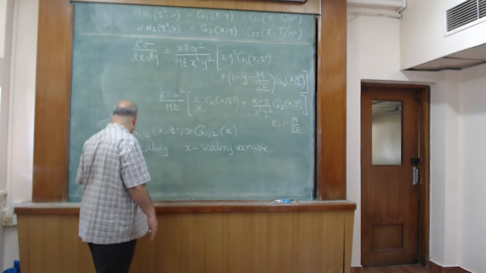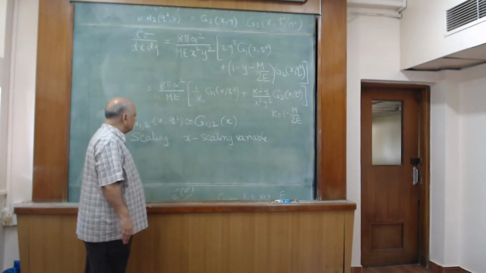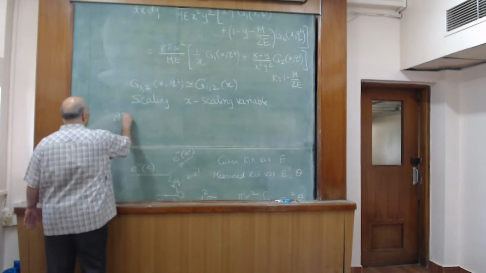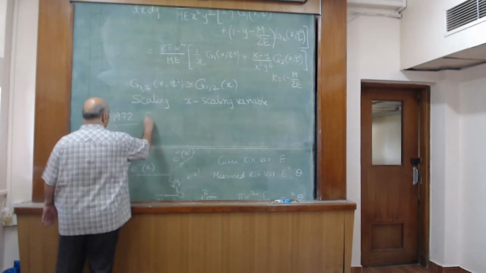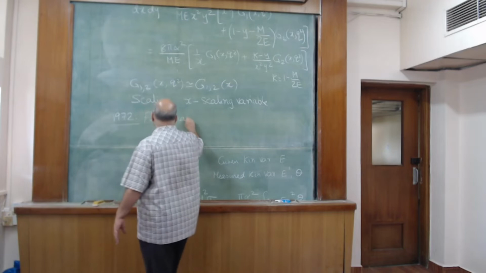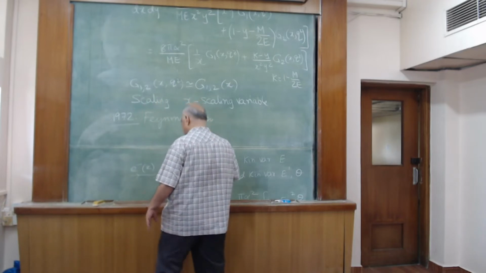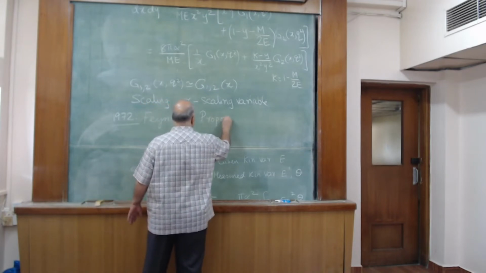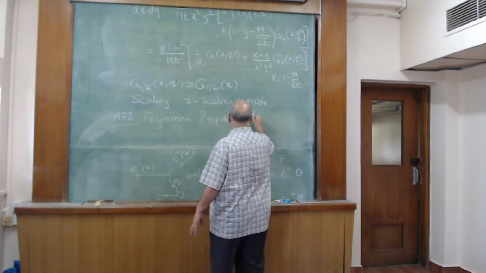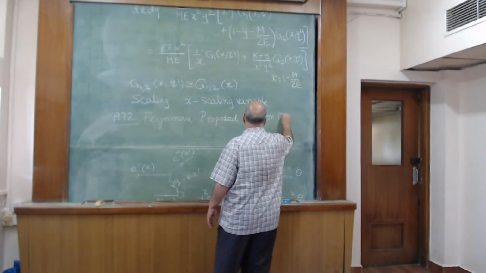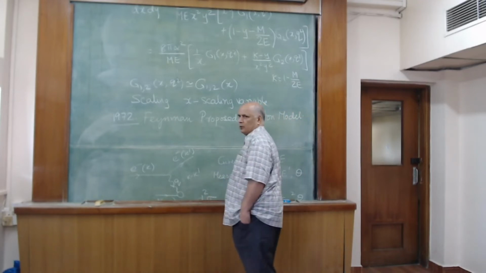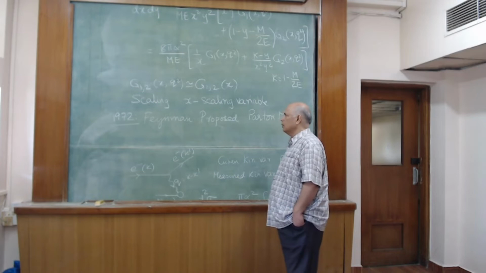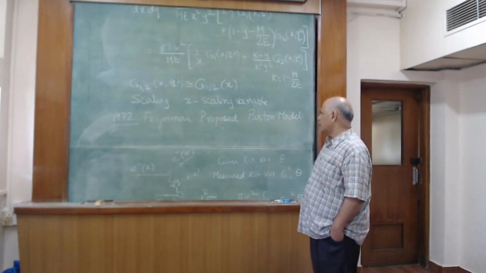So this was quite a puzzle, and in 1972, Feynman proposed the Parton model.